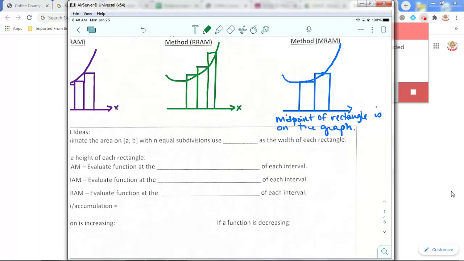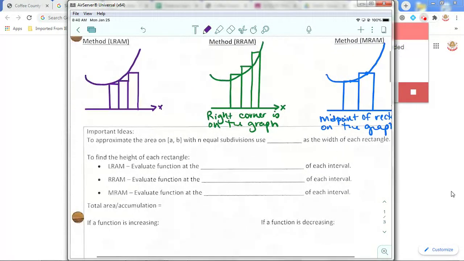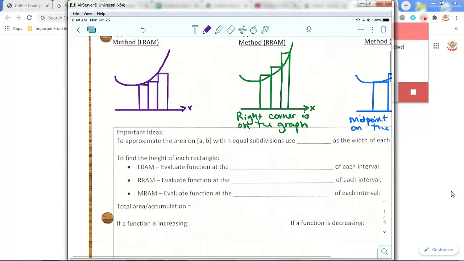Right, for the RRAM, the right corner is on the graph. Right, and then this first part, when we talked about the left corner, is on the graph.